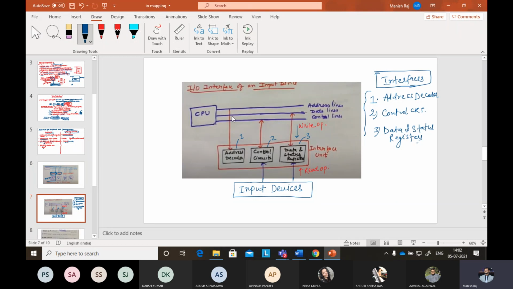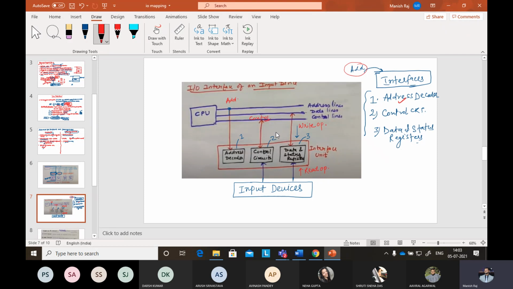Taking one example: when some address comes to the interface, the address decoder will work and decode the address. Second, the control line: whether you want the write operation or the read operation, the control bus tells you.